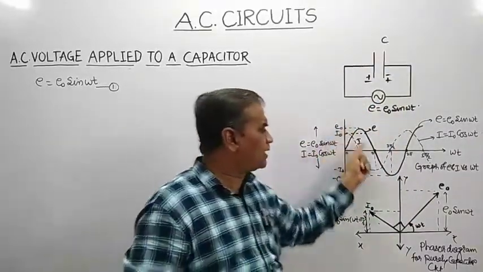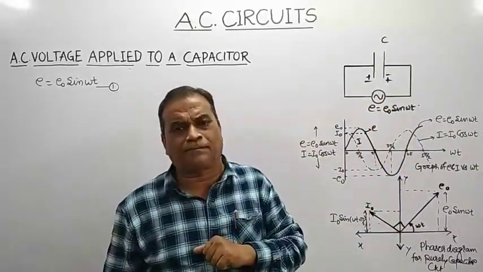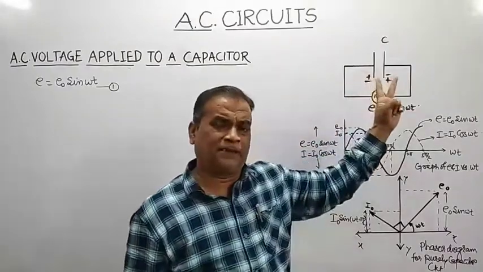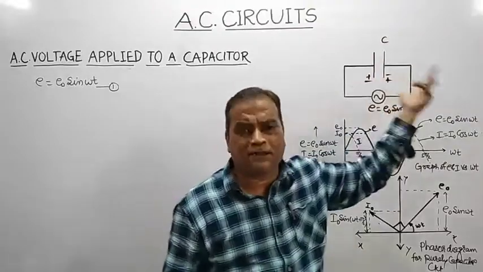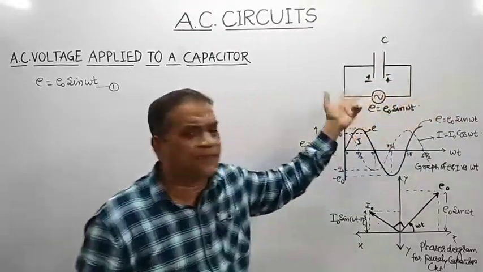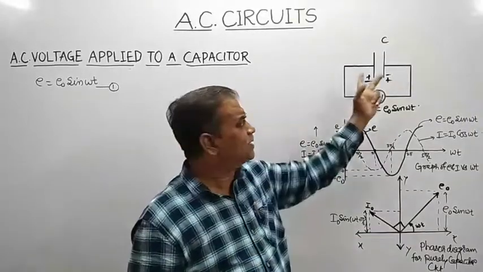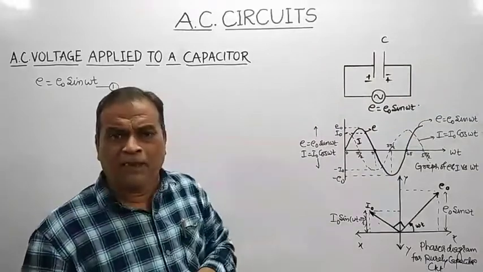But because current reverses its direction after every half cycle, the capacitor must be alternately charged and discharged.